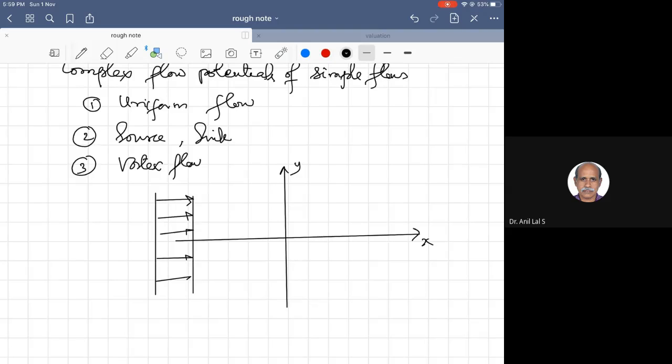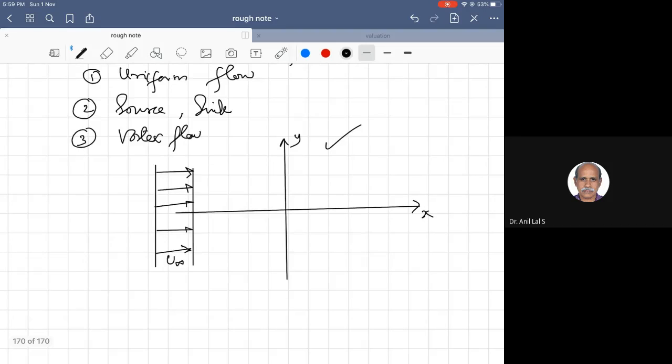I am showing a uniform flow parallel to the x-axis, having magnitude some unit. That is, all the flow comes parallel to the x-axis but perpendicular to the y-axis.